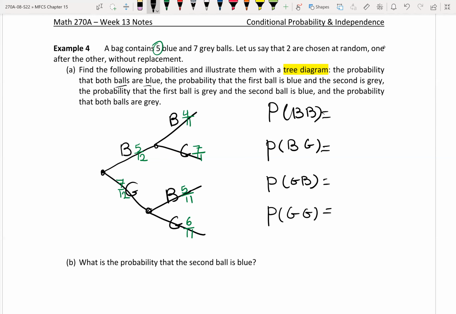Because it's step by step. So 5/12 times 4/11. 5/12 times 7/11. 7/12 times 5/11. 7 out of 12 times 6 out of 11.